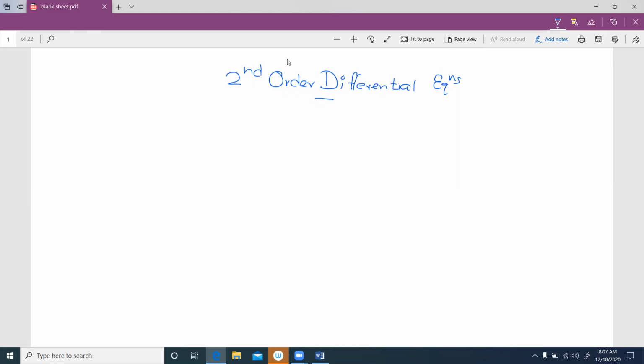Usually, the format you come across is this: if you get a second order differential equation, there are two parts to the solution. The solution is a combination of two facts. The first one is called the general solution.